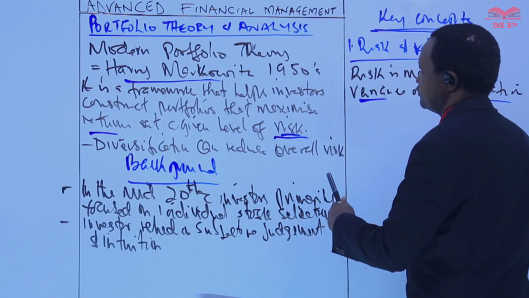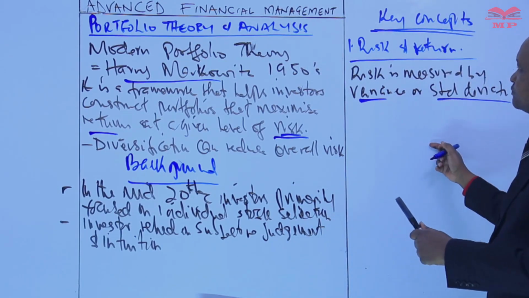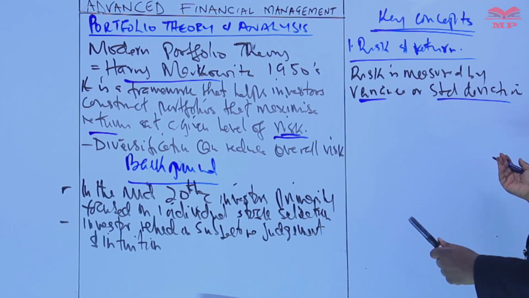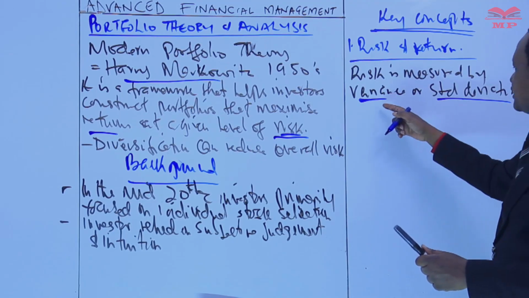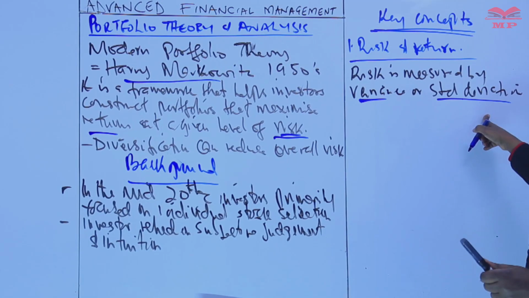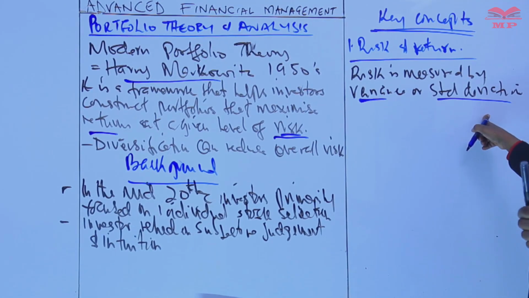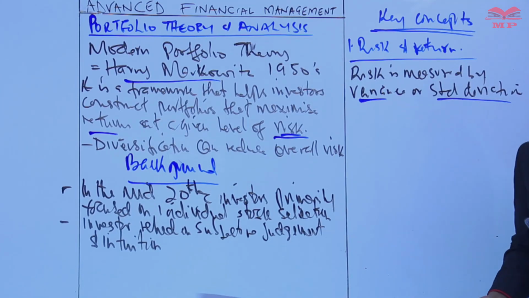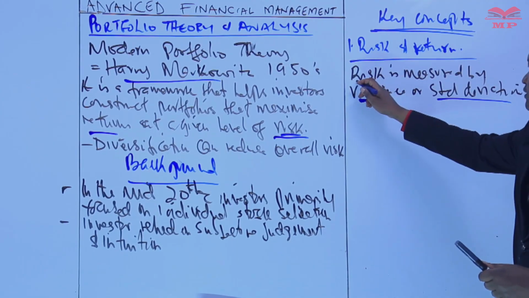The modern portfolio theory measures risk by calculating variance or standard deviation of portfolio, and this risk that is quantified measures the uncertainty associated with an investment return. That is risk.